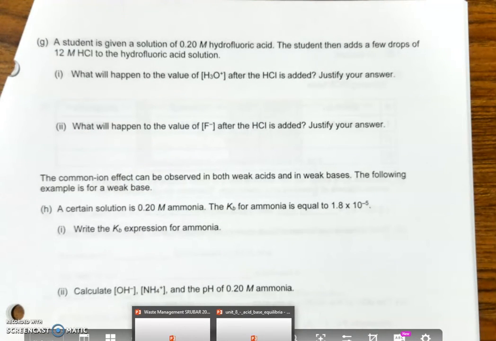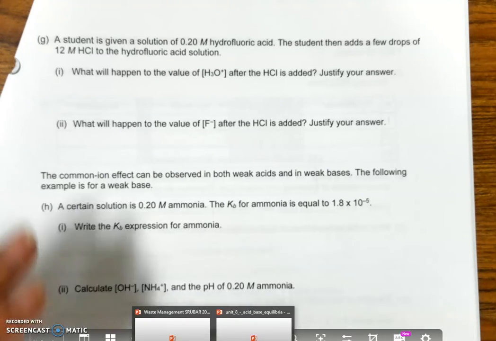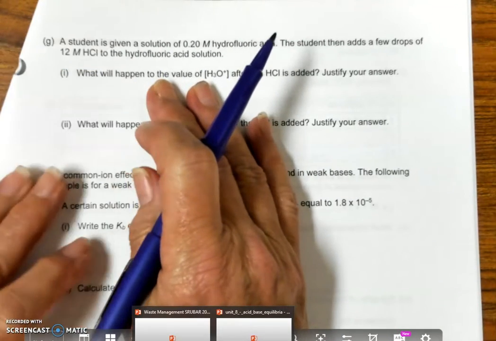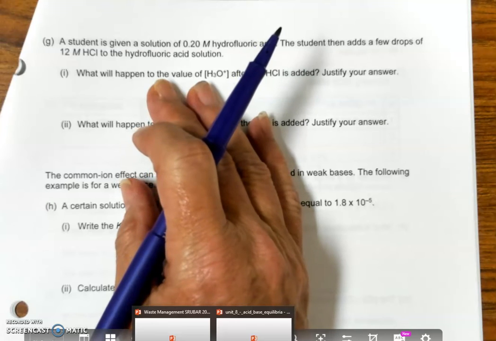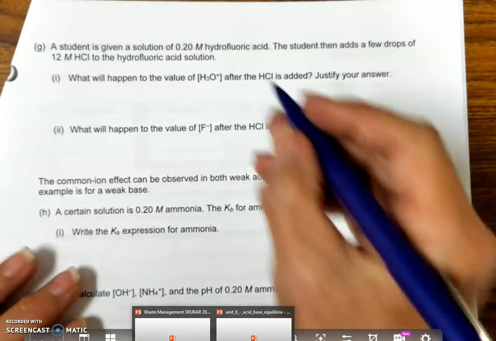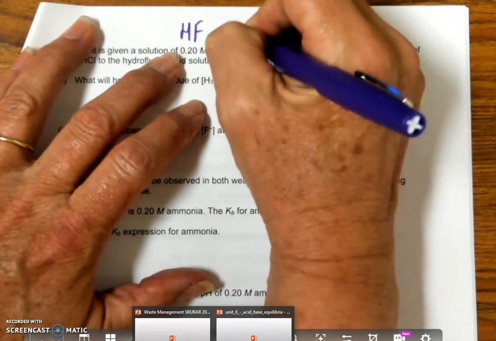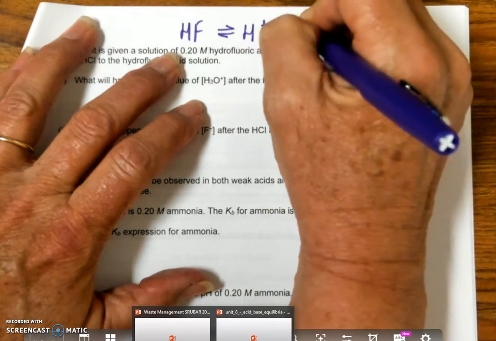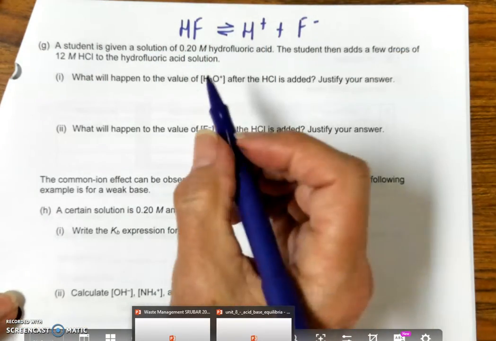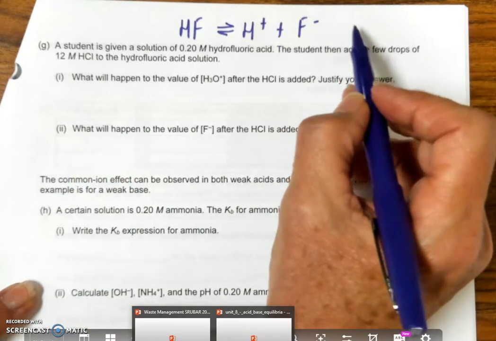So let's look at another system under the same circumstances. All right, so this time I've got a different reaction going on. I've got hydrogen fluoride in equilibrium with H plus and F minus. And what I'm going to do is add a few drops of HCl.